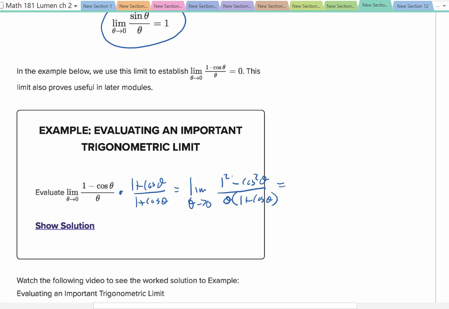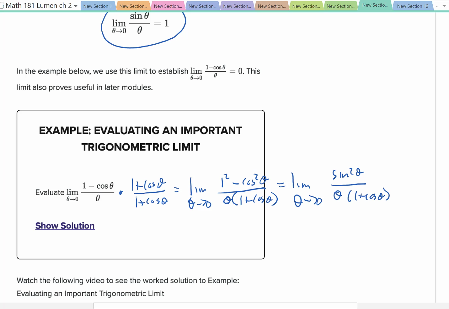That's 1 minus cosine squared theta, which is sine squared theta, so it's the limit as theta approaches 0 of sine squared theta over theta times 1 plus cosine of theta.